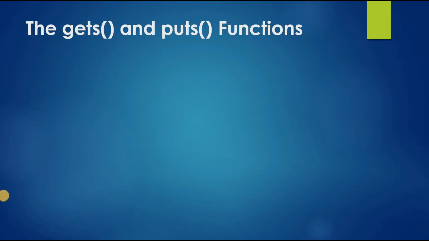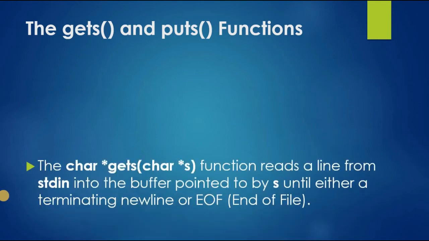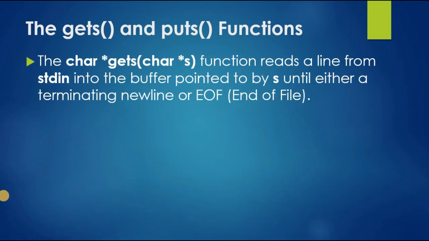Next one is the gets and puts functions. These functions are also known as input and output functions. The char gets function reads a line from the stdin, meaning it is an input function. It reads a line from the stdin into the buffer pointed to by s until either a terminating newline or the end of the file.